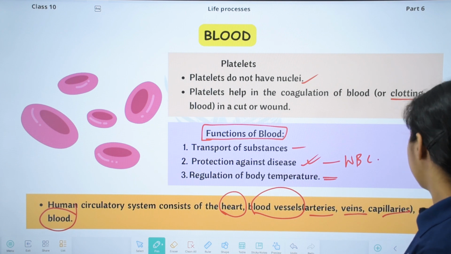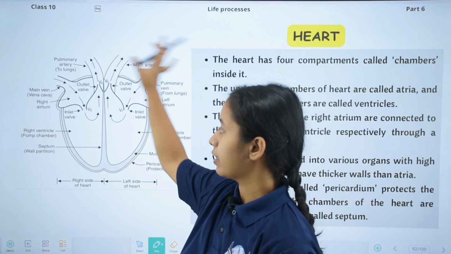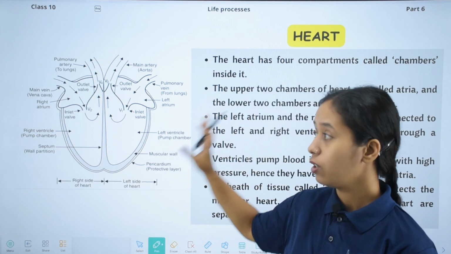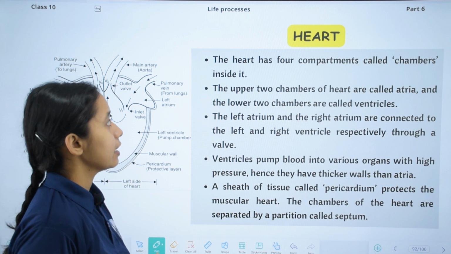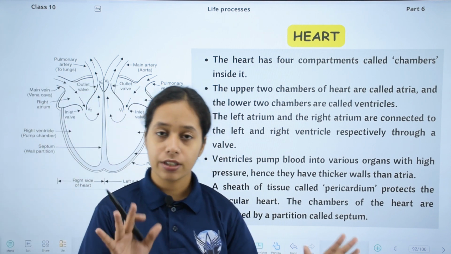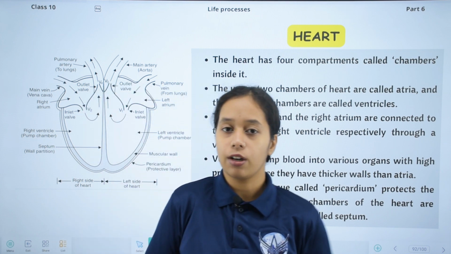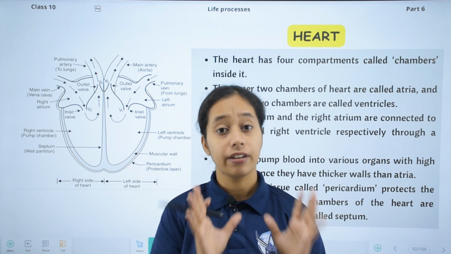So now we start with the heart. This is the diagram of the heart. I will explain it point by point. The heart has 4 compartments called chambers inside it. First of all, the shape of the heart is roughly triangular.